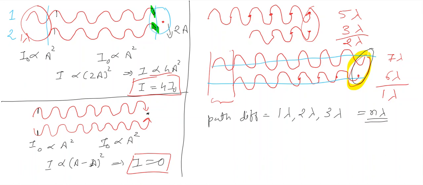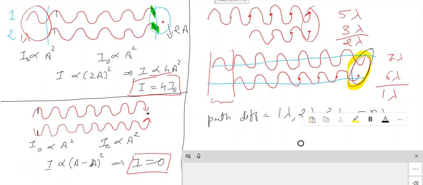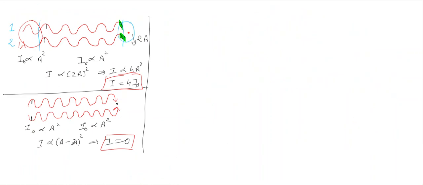On the other hand, if I want destructive interference, which condition should be satisfied? Let us see. Consider one wave, say first wave, second wave, third wave, fourth wave, fifth wave. Suppose fifth, and let it be half more.